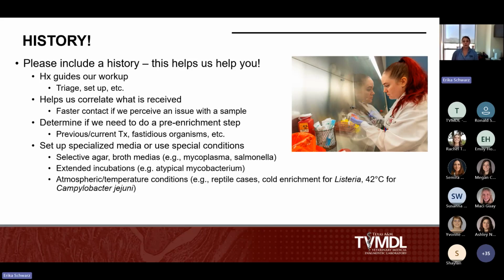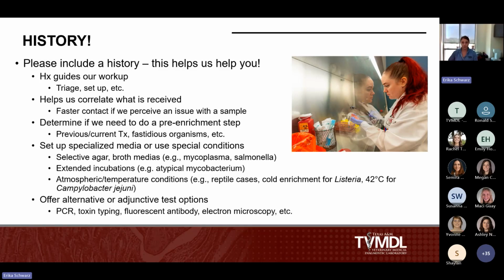This also applies to things like atmospheric and temperature conditions. So if we have reptile cases, we've had success sometimes incubating those at cooler temperatures. Cold enrichment, if listeria is a differential, or maybe incubating at a higher temperature for Campylobacter. These are all really important information for us to have so that we can make sure we're doing the best possible job to ensure that we're growing something for you.